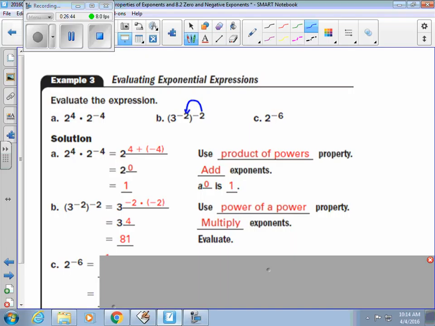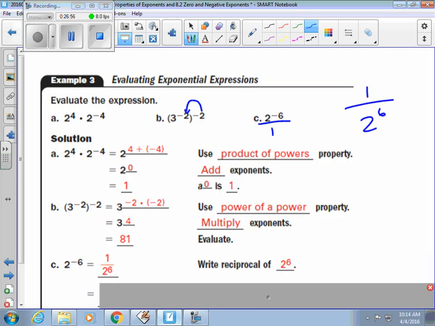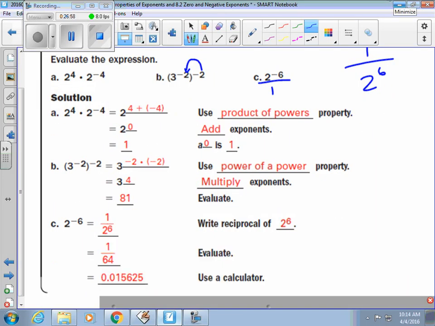What do you do with a negative exponent? Ride the what? Ride the elevator. It becomes 1 over 2 to the positive 6, or 1 over 64. 1 over 64.